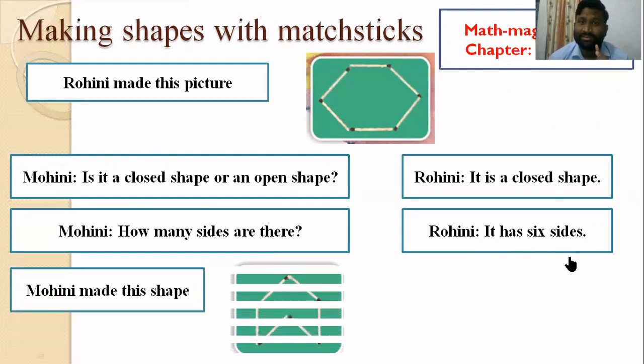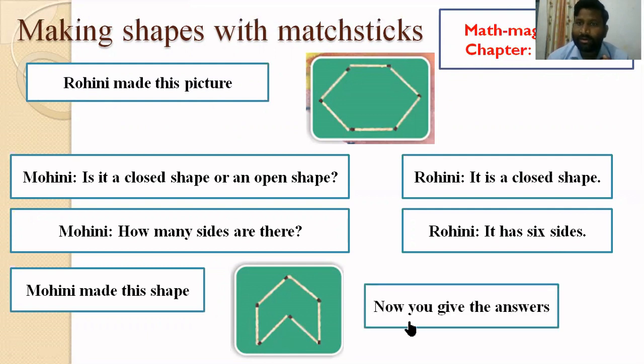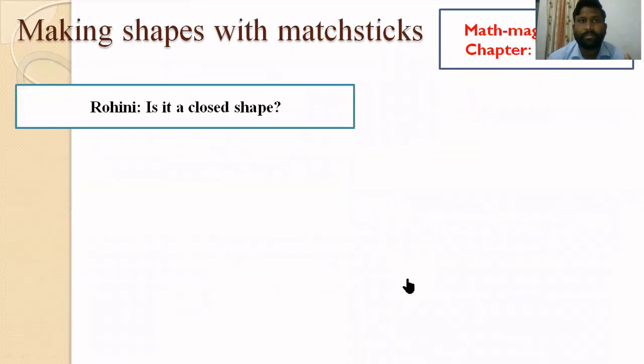Mohini made this picture. Now again, 1, 2, 3, 4, 5, 6. Again 6 sides, but this is not similar. Now you give the answer. Now Mohini is asking Rohini, is it a closed shape?